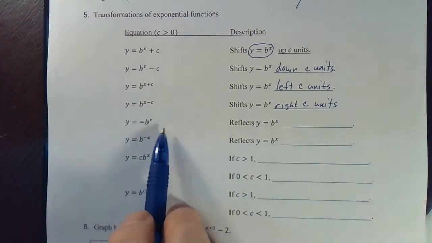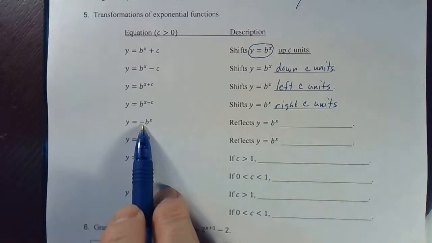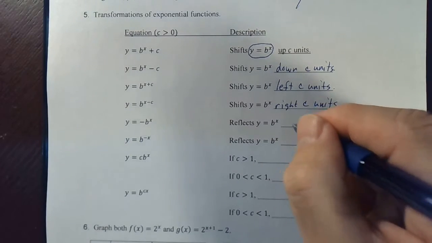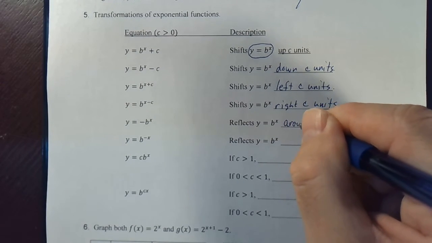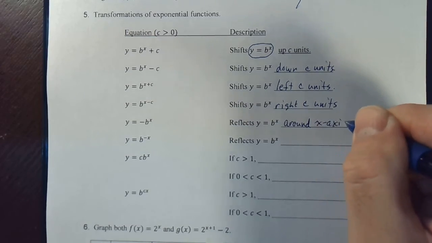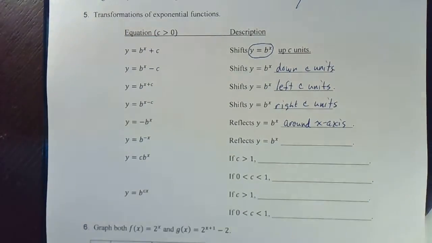And if you take b to the x and you throw a negative sign in front of it, well, now all the values or heights of the function, if they were positive, they're now negative. And if they're negative, they're now positive. That reflects it around or about the x-axis. It's like flipping it upside down.